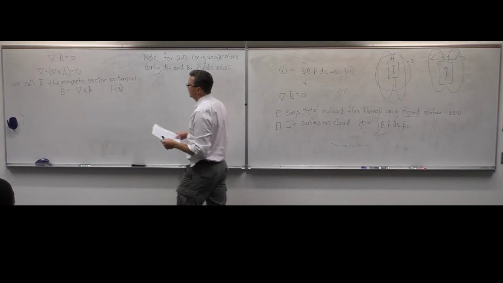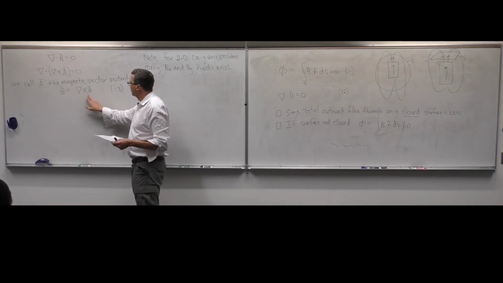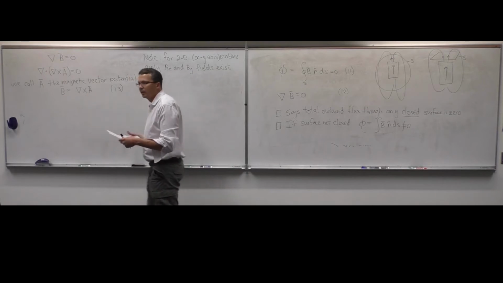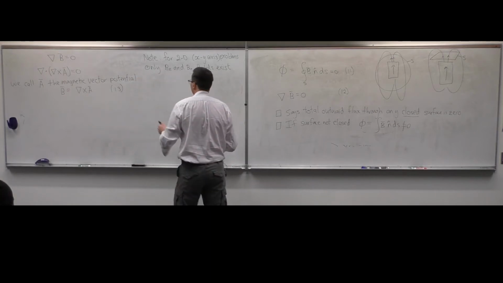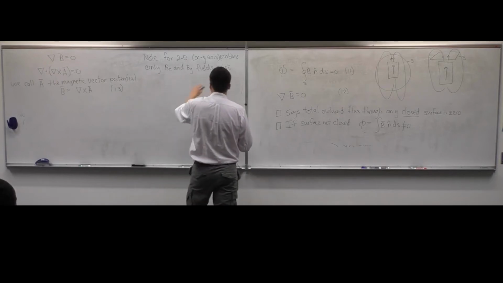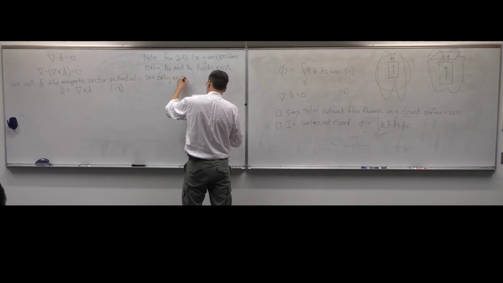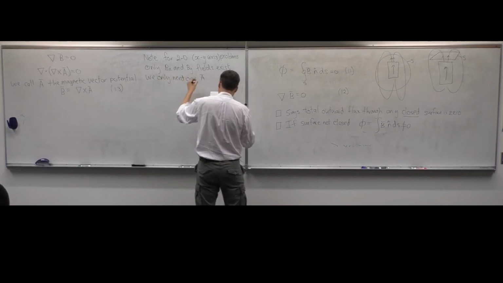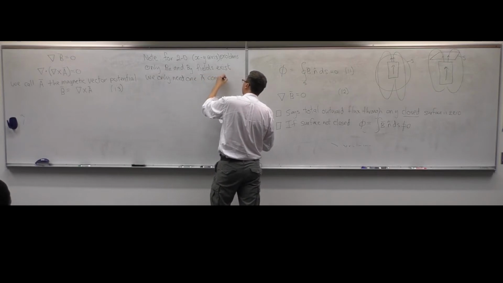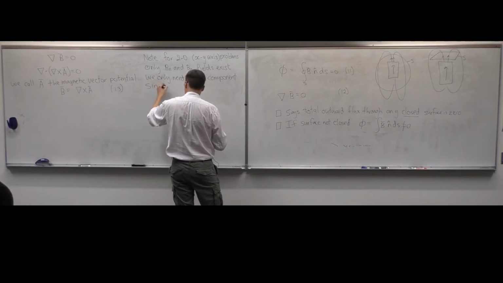Then if B only has x and y, if we write this out, we can find out that A only has to have one term. If only Bx and By fields exist, we only need one A component.